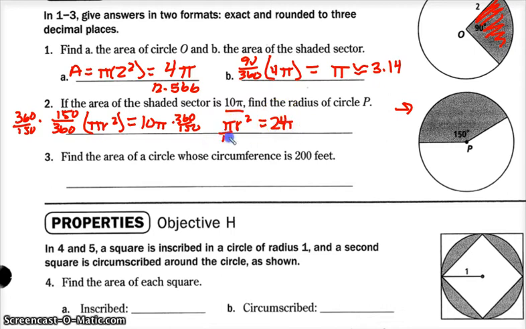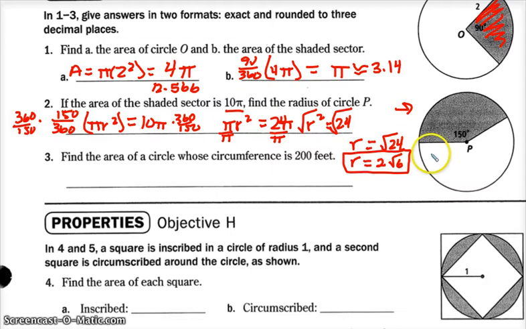Now, I can divide both sides by pi, so r squared equals 24, so the radius will be the square root of 24. Now, we know about simplifying roots, so I can simplify from there. That would be the square root of 4 times the square root of 6, or 2 root 6.